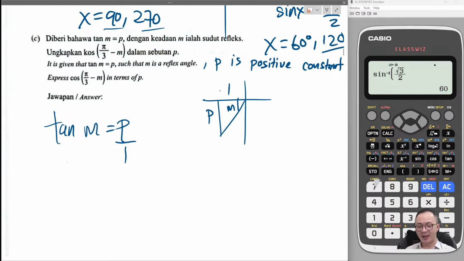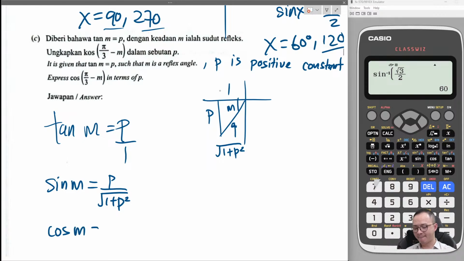Then the hypotenuse will be square root of 1 plus P squared. So right now from here I can get sine M and cos M. So sine M is P over square root of 1 plus P squared. Then I have cos M is 1 over square root of 1 plus P squared.